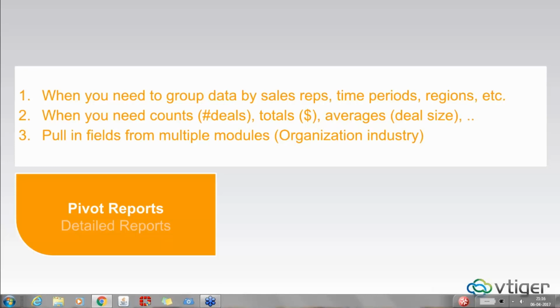For example, in an opportunity report or a deal report, you want to pull out the industry vertical for an organization. That's not actually contained in the opportunity, so you'll have to go into the organization record and fetch that field from the organization record that is associated with the opportunity.